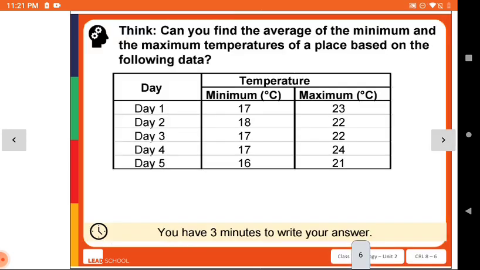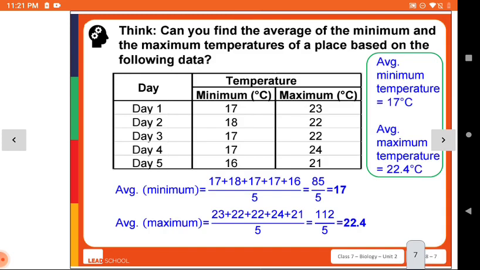So, can you find the average of minimum and maximum temperature based upon the data? We have to take 5-day data of minimum and maximum temperature. To find the average minimum and average maximum, we have to find the mean of both temperature and rainfall.